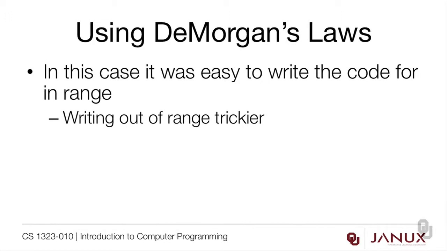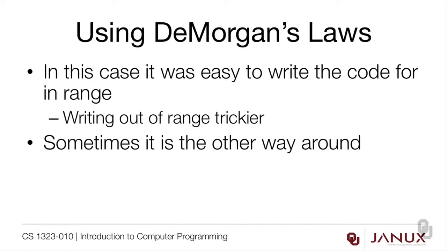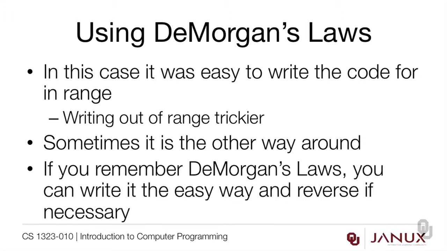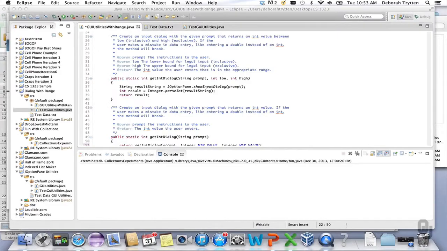So what you do is write the in range first, and then use De Morgan's laws to create the correct out of range expression. Now, sometimes it's the other way around. Sometimes it's easier to write out of range and then flip it for being in range. So just pay attention and consider different possibilities. So if you remember De Morgan's laws, you can write it the easy way and reverse it if you have to. It's a much less stressful way of getting these things right the first time.